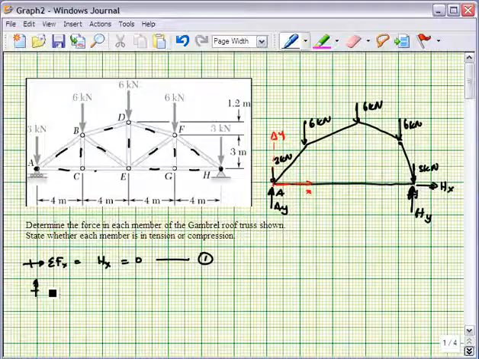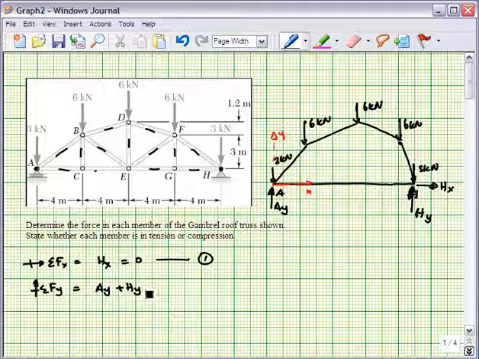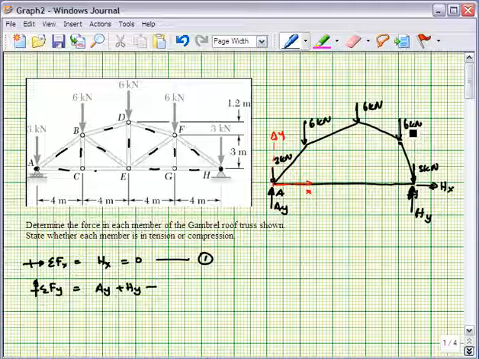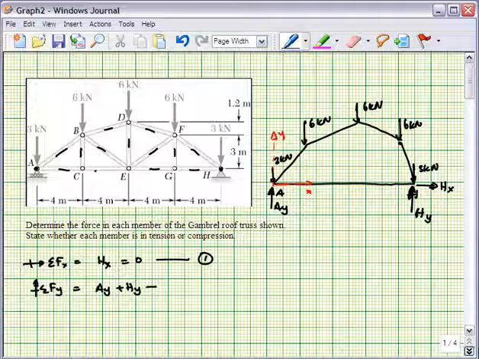Then I'm going to sum all the forces in the y direction, and that will give me AY plus HY minus 3, minus 6, minus 6, minus 6, minus 3.